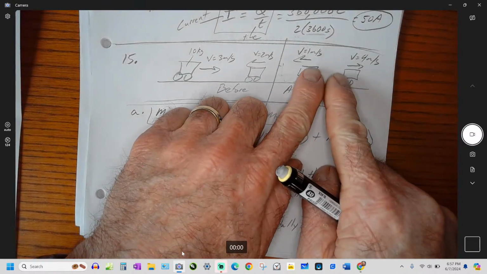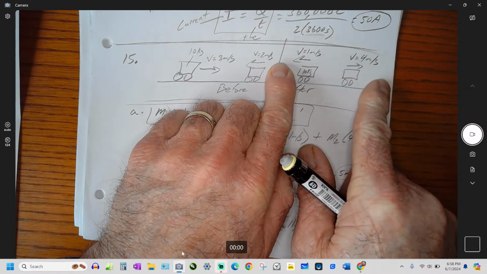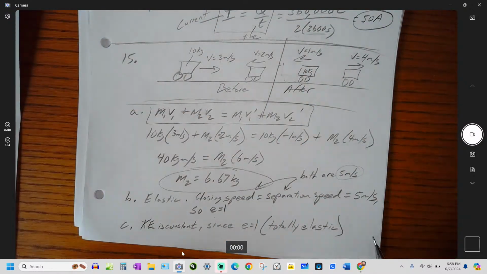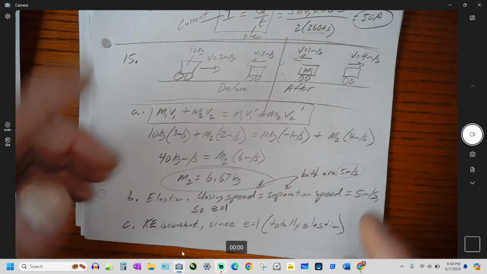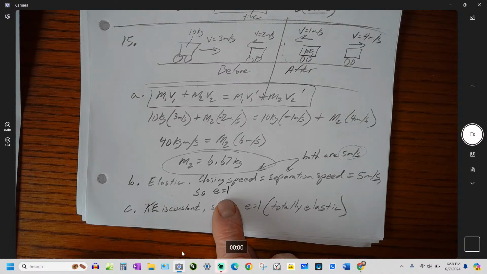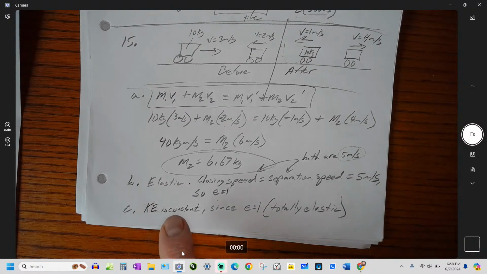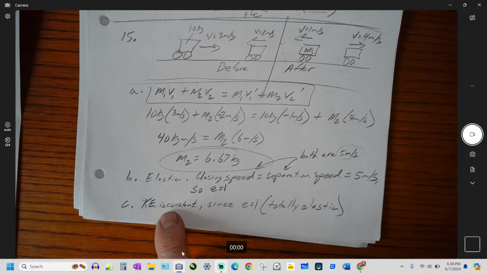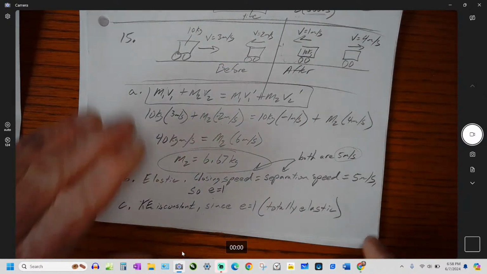And in the end, this is moving to the left at 1 meter per second, and that's moving 4 to the right. They're separating at 5 meters per second. So since the separation speed and the closing speed are the same, the coefficient of restitution is 1. And that means this is a totally elastic collision, and that means the kinetic energy is conserved. So we've got the same total kinetic energy before and after.